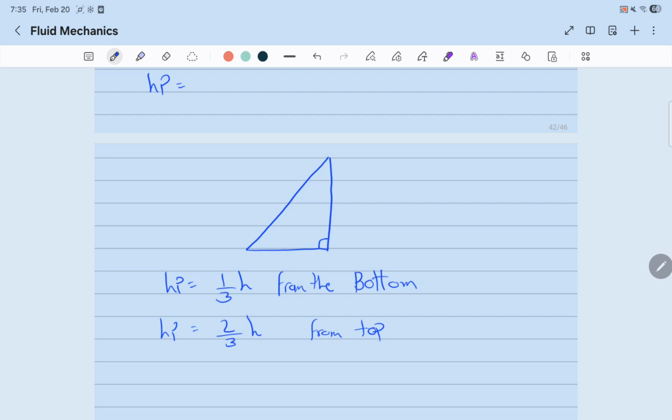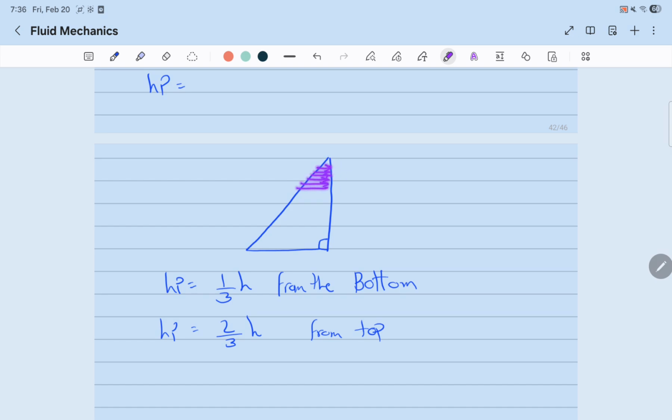And the reason behind that is because the pressures at the bottom are way greater than at the top. Therefore, you would only need to go so far in order to reach where the total pressure is happening, or the sum of pressure. Whereas from the top, the pressures are very small.